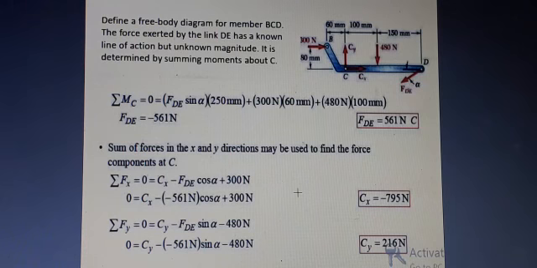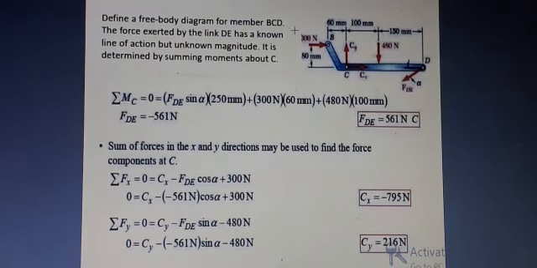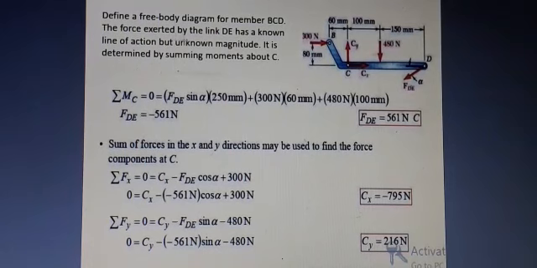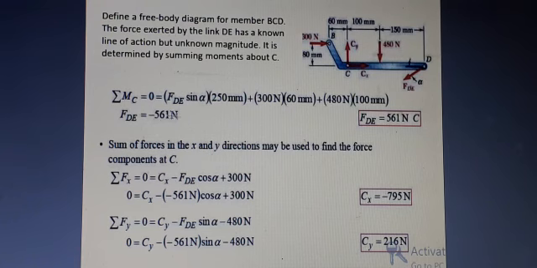The force exerted by link DE has a known line of action but unknown magnitude. It is determined by summing moments about C. So we use the condition of equilibrium, summation of moment about point C, to calculate the force in link DE.